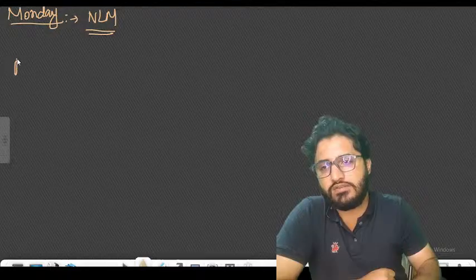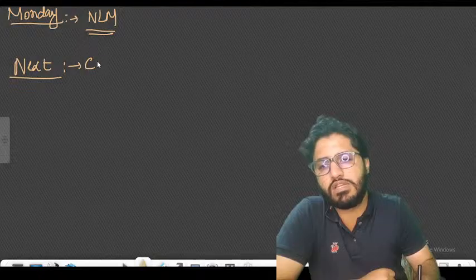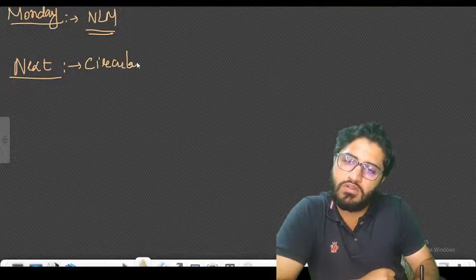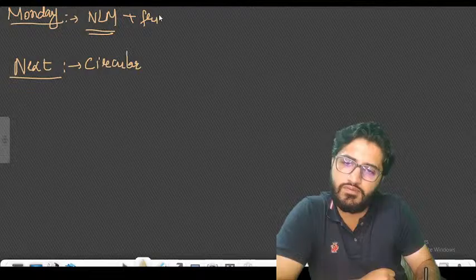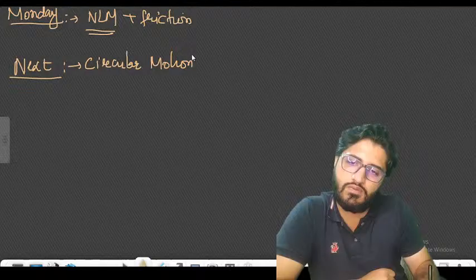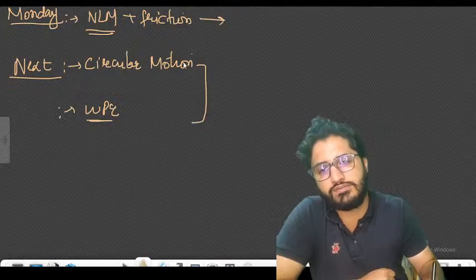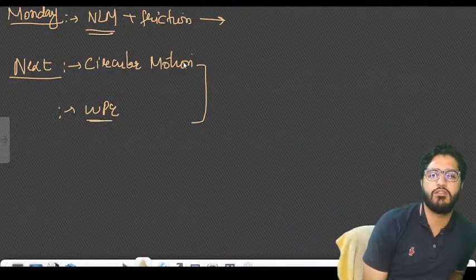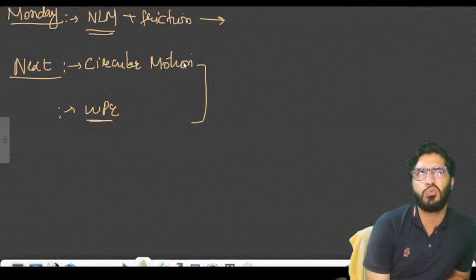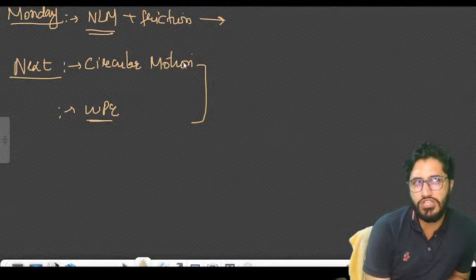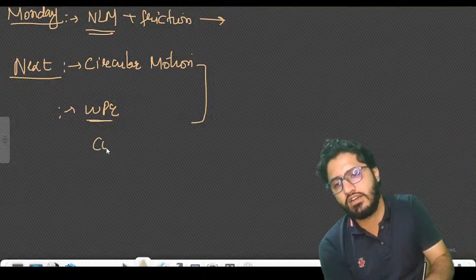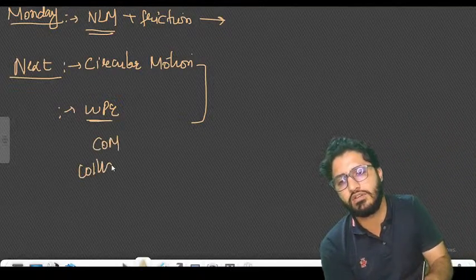Next week we are left with NLM, then circular motion, NLM plus friction, then circular motion, then work power energy. It will take 1 week for both of these two, and 1 week. Okay, so in October we will be completing up to then center of mass and collision.